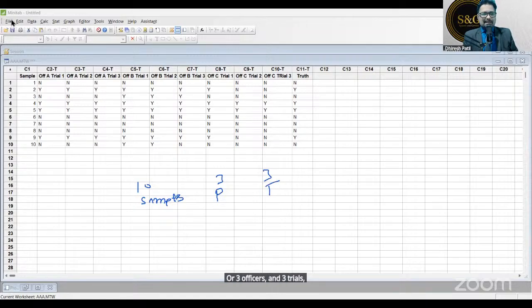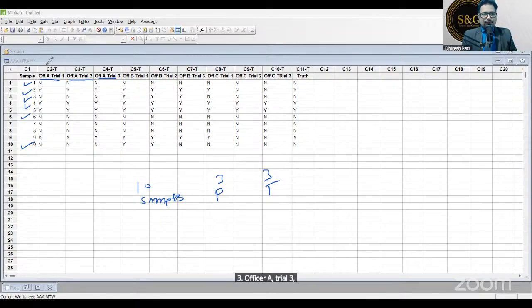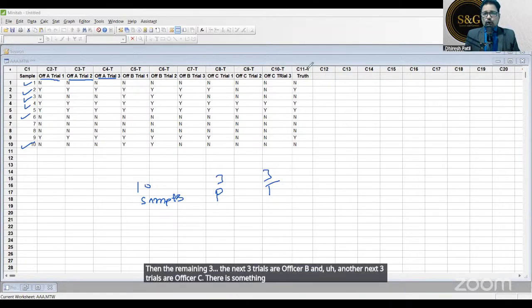Here you can see 10 samples, 1, 2, 3, 4, 5 to 10. For example, officer A trial 1, officer A trial 2, officer A trial 3. So the first three trials are about officer A, the next three trials are officer B, and the next three trials are officer C. There is something called truth as well, but I'll speak about it later.